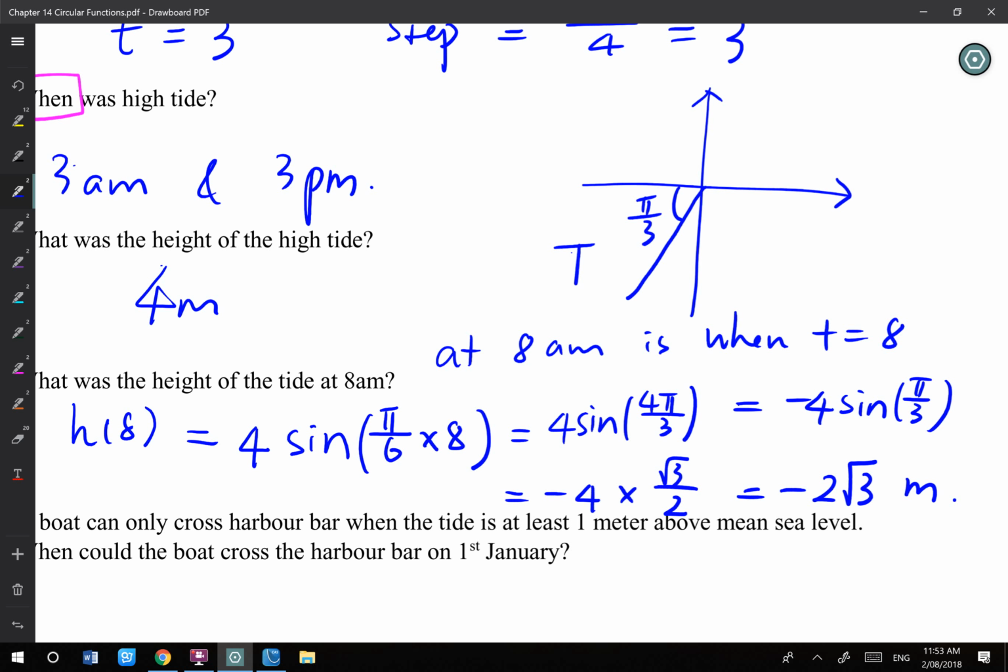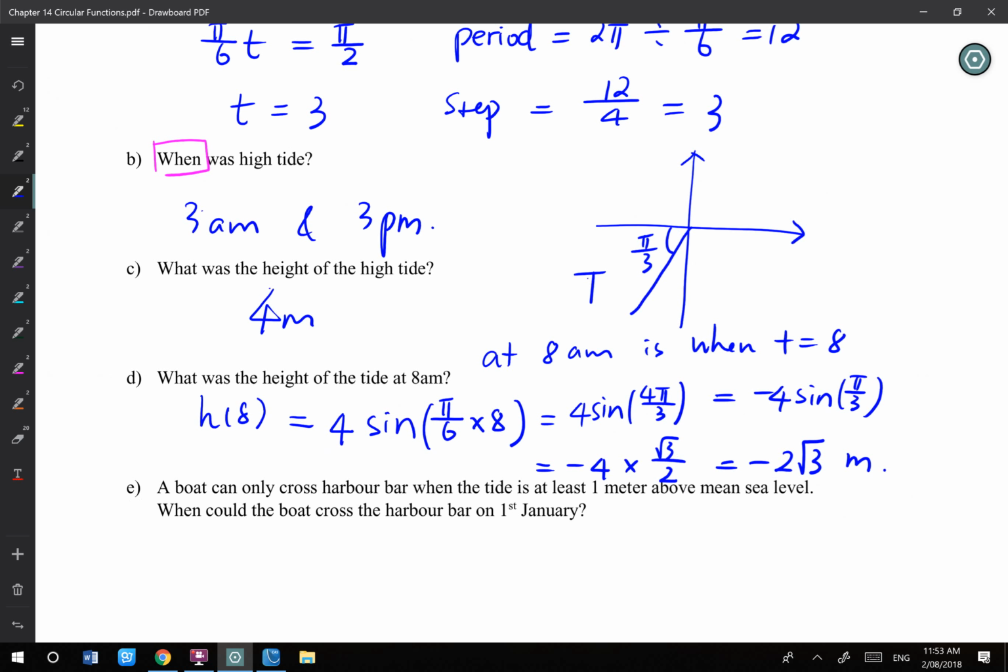It's not really the negative height. It's just for a fixed point, we compare to that point, and then below that is negative height.